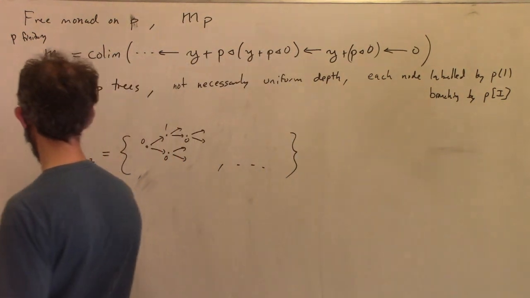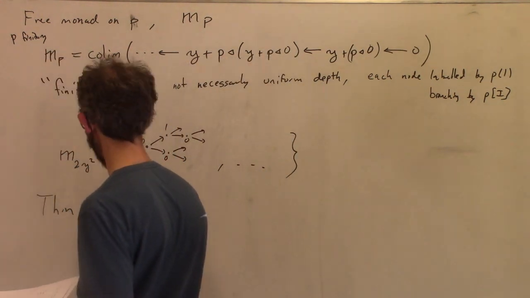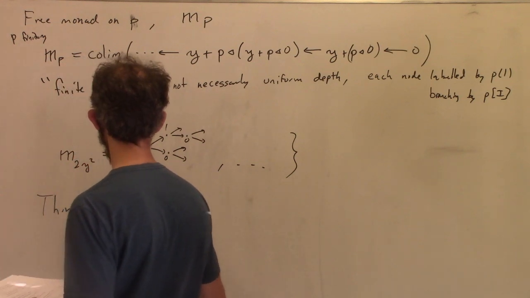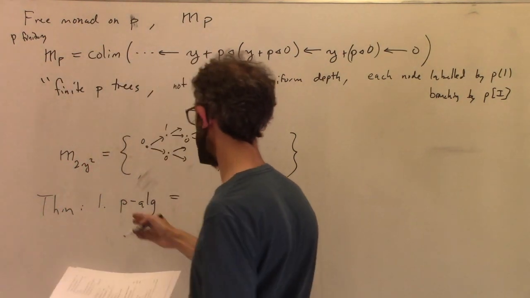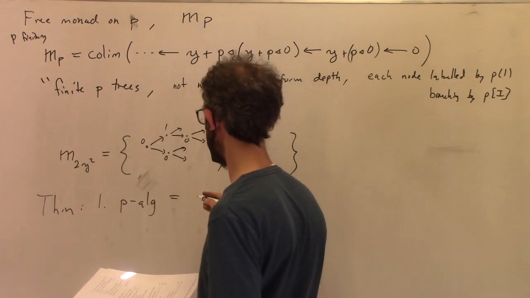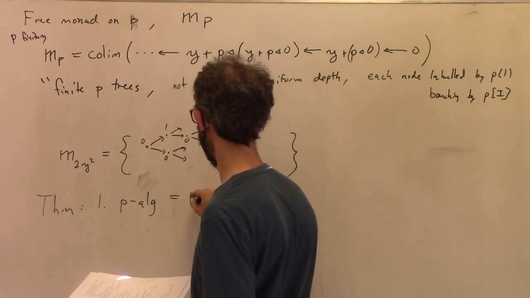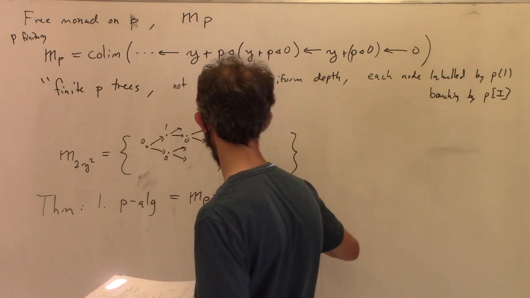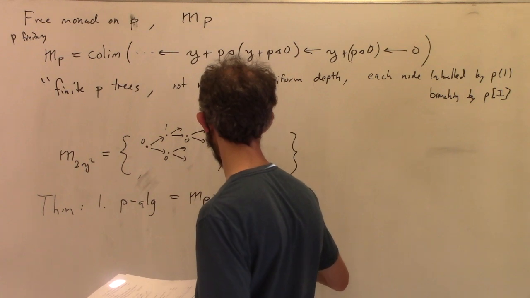And I don't have time to really go into much now. But P-algebras, in the sense of Lambek, like a set with a map from P of that set to that set, are M_P algebras. Sorry, I'm going too fast.